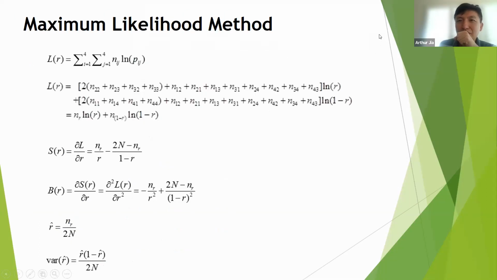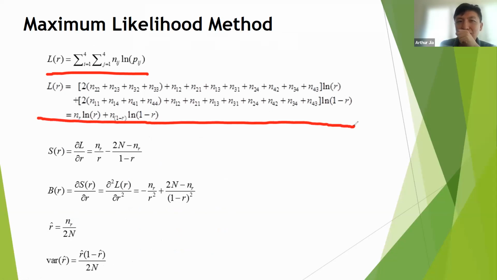What I expect you to do is write the general form of the likelihood. Based on your data, you rewrite the likelihood like this. You just plug in everything and get this simplified formula. This is your likelihood function, the log likelihood function.